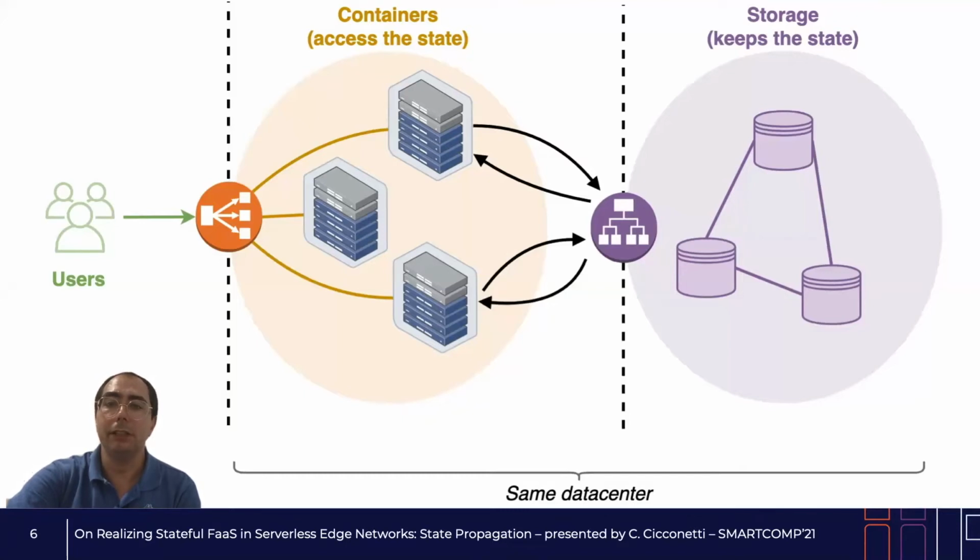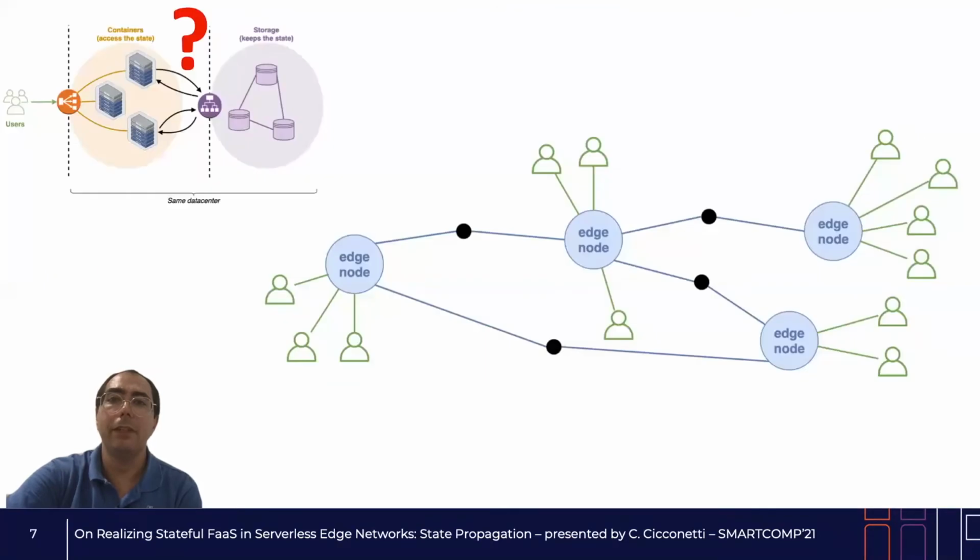When the function runs, it can access the state on a distributed storage, which is also hosted in the same data center. And if the function also modifies the state, then it puts the updated state in the same storage repository. Everything is fine as long as we are talking about a data center in the cloud.